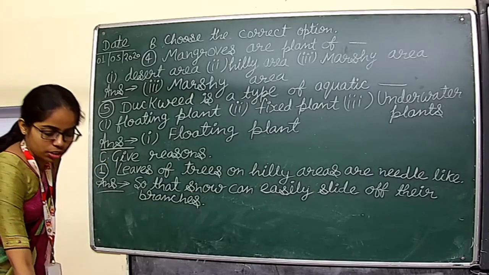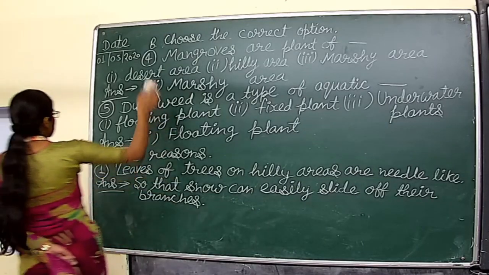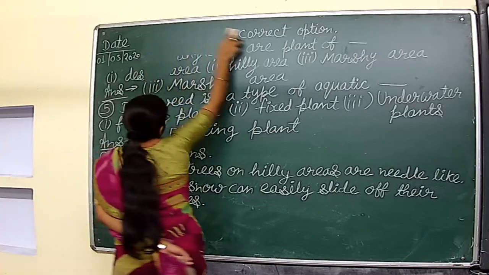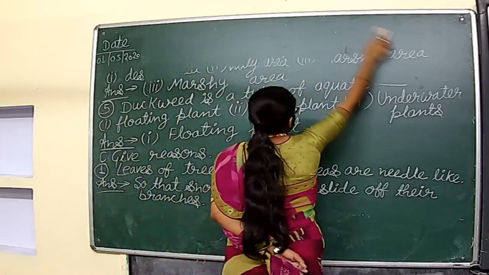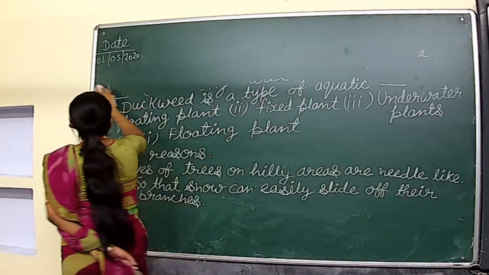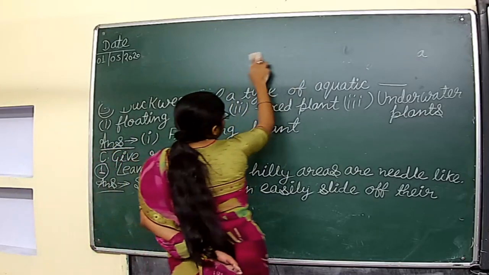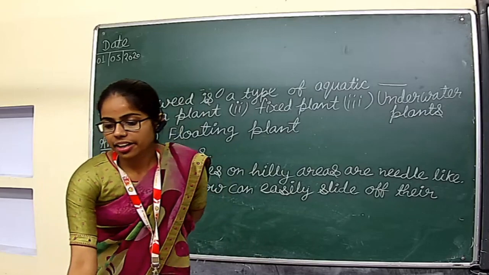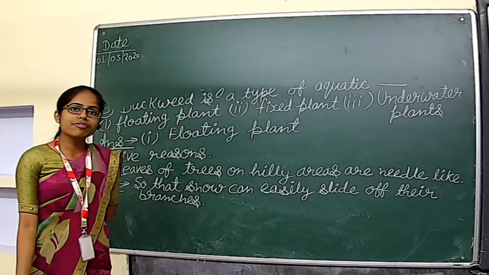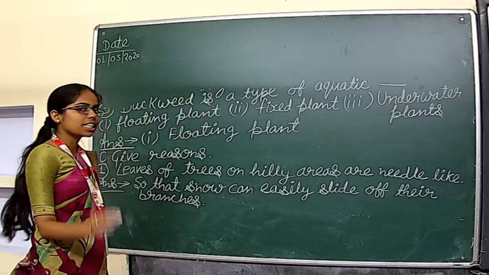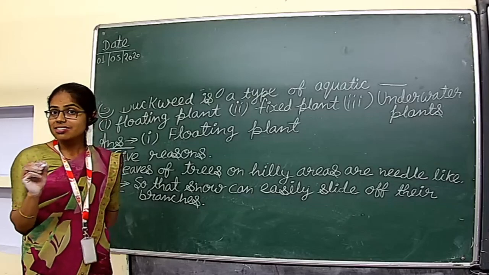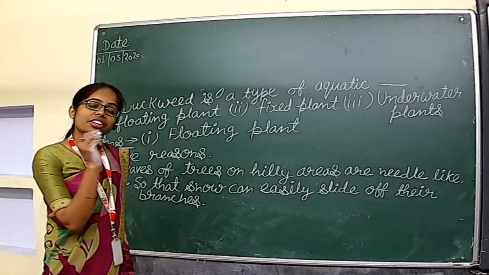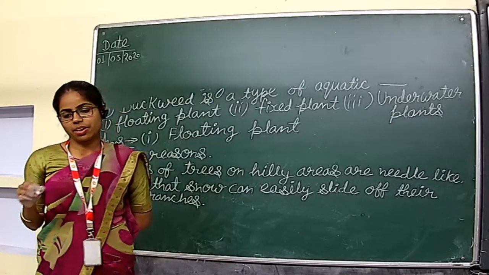Now, we will move to the next question of the same exercise. Second fact, or second question, and we will write the reason behind that. The second one is leaves of most desert plants. The question here is about desert plants.